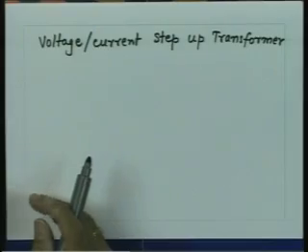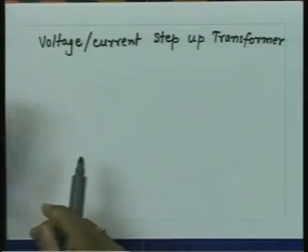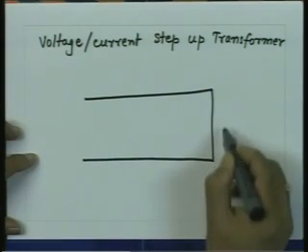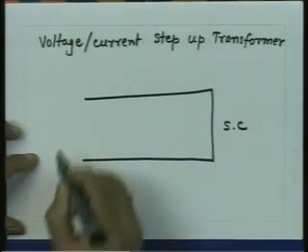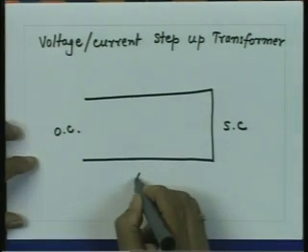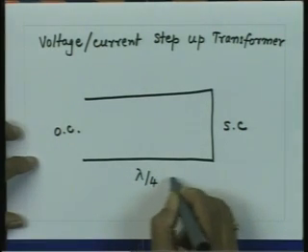Let us again consider a quarter wavelength section of a transmission line which is shorted at one end and open circuited at the other. Let me draw a bigger picture here. This end of the line is short circuited, this end is open circuited, and this length is lambda by 4.